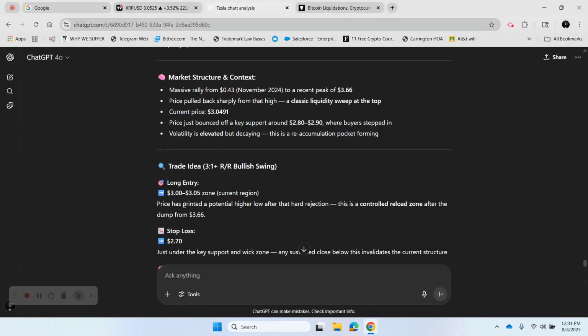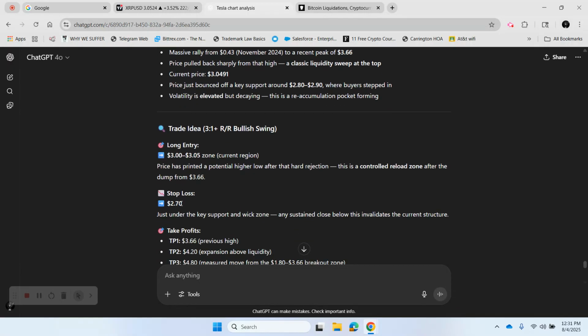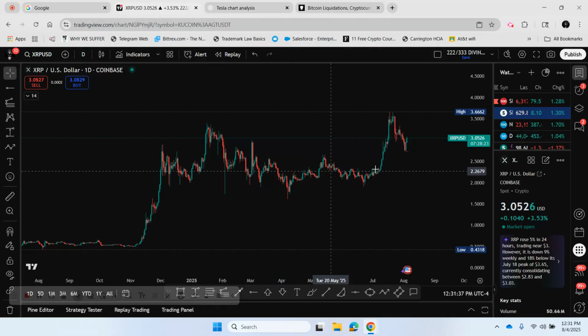So long entry, $3 to $2.05. So that's the current region. All right. So that's what it's saying. And if we're gonna go long, we need to be going long around in this area. Our stop loss is at 270. All right. So where's 270? 270 is right here. All right, 270 is right here.